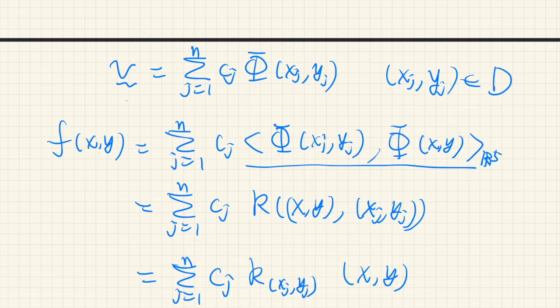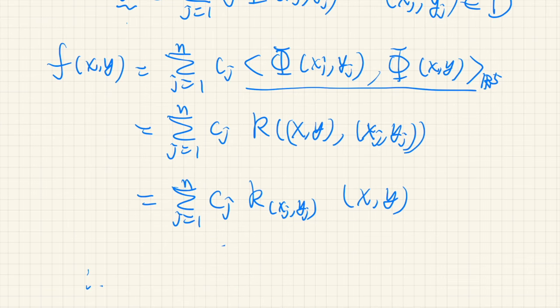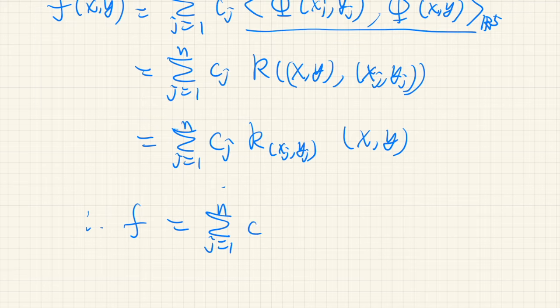So this classifier function is written, just like in the representer theorem, as the sum of cj times k parameterized by xj, yj.